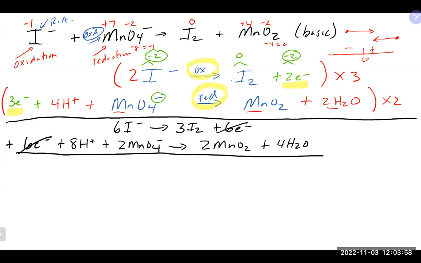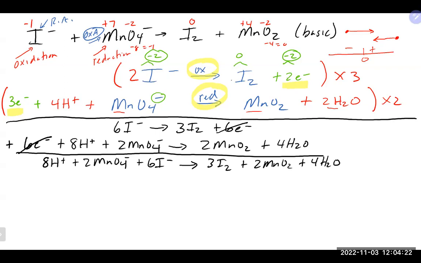And I believe that is all that's going to cancel here. So we're going to do 8 H pluses plus 2 MnO4 minus plus 6 I minus. That's everything on the left-hand side of the arrow. On the right-hand side of the arrow, we have 3I2 plus 2 MnO2 plus 4 waters.